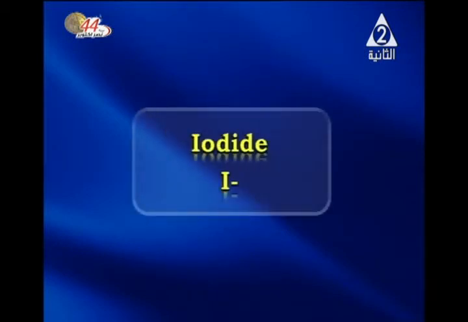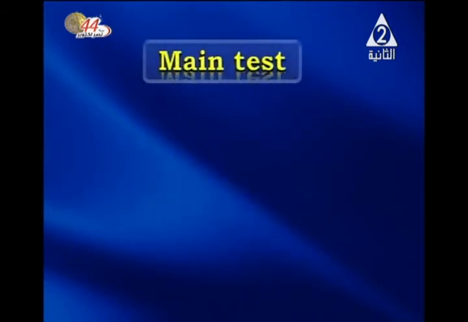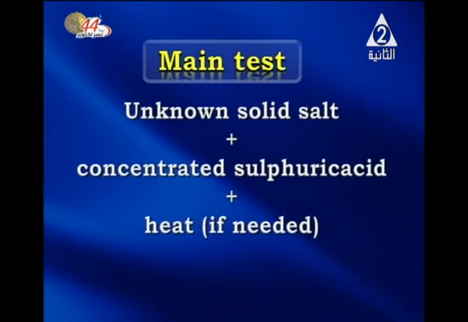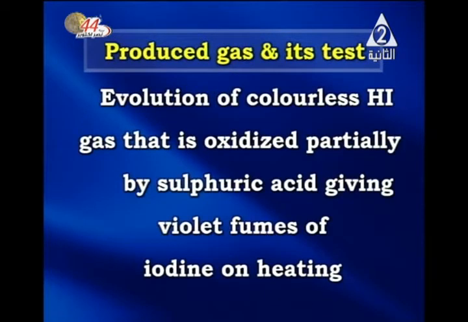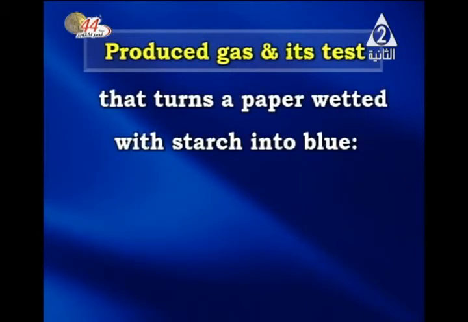Now we are going to discuss the iodide ion, as shown on screen, I-1. The main test is the unknown solid salt plus concentrated sulfuric acid. Here the produced gas is hydrogen iodide gas that is oxidized partially by sulfuric acid, giving violet fumes of iodine that turns paper wet with starch blue.